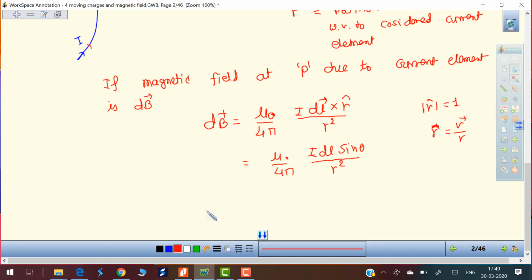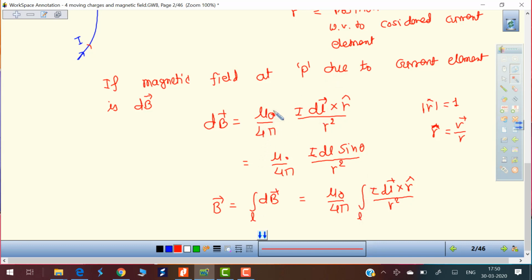But if we are interested to find the magnetic field of the whole conductor, so what is my B? It is nothing but the integration of dB for the whole conductor L, and you can write it as mu 0 upon 4 pi, which is constant, I dl cross r upon r square for the whole conductor.